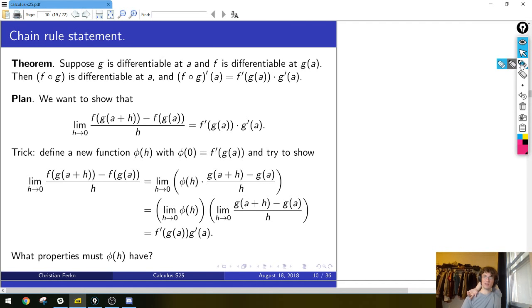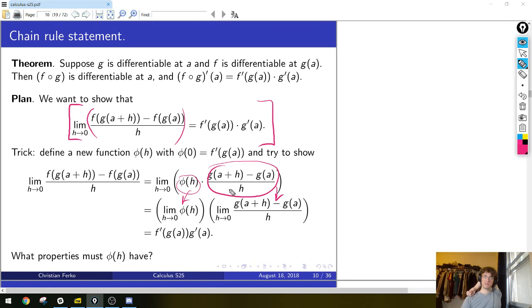So the big strategy is we're trying to prove the chain rule. The chain rule is this statement. We made a trick, which is splitting the limit whose value we're trying to evaluate into 2 functions. One of them we're calling phi. Then we're trying to massage the stuff inside the limit so that we can split this into 2 separate limits.